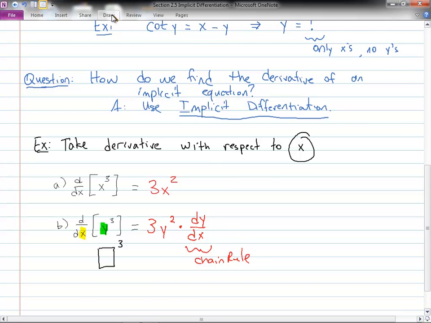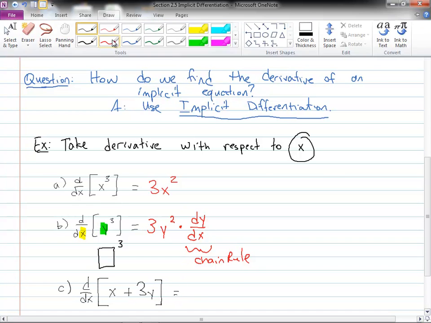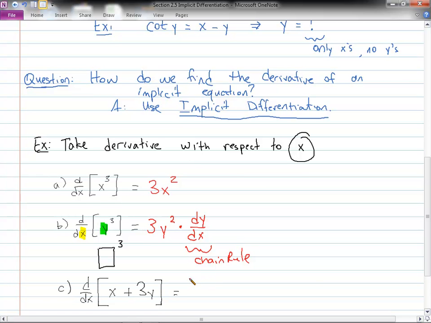So, you can actually then expand this and consider, what if I have a larger expression that has x's and y's in it? d dx. Let's take the derivative with respect to x of x plus 3y. So first of all, what's the derivative with respect to x of x? 1.